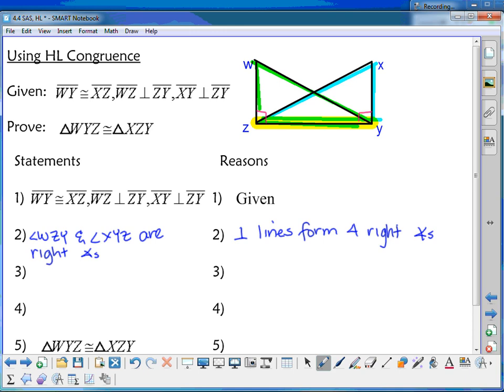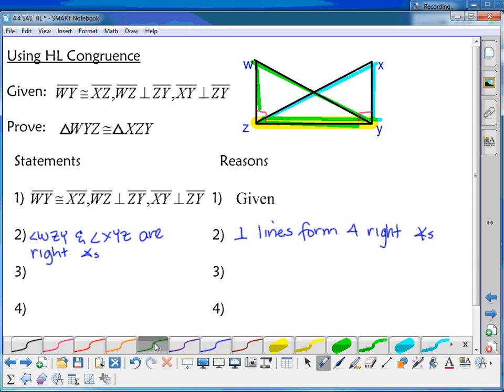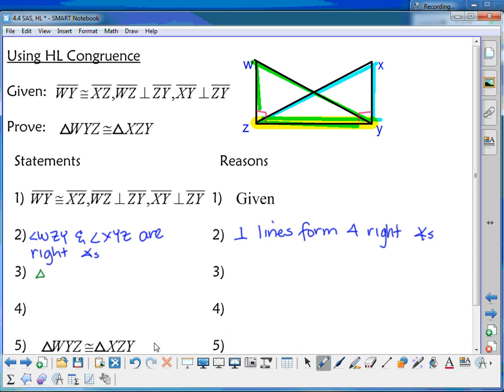All right, now that I've said they're right angles, I can say that they are right triangles. So triangle WYZ and triangle XZY are right triangles. How do I know that? Well, that's what it means to be a right triangle.